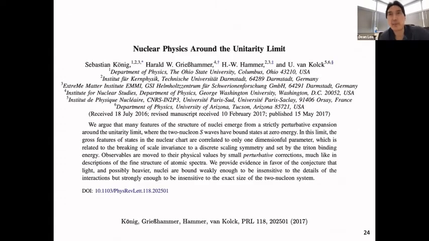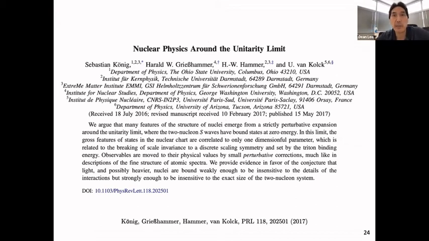unitarity. Okay, so there have been several papers that have asked this question, nuclear physics around the unitary limit, led by Koenig and collaborators. So they essentially took a look at nuclear physics as a perturbative expansion around this unitary limit point.